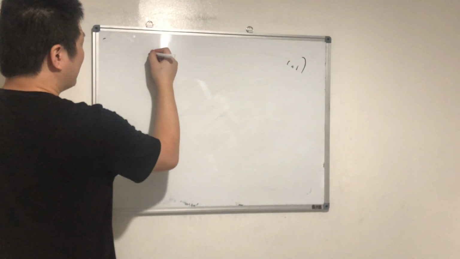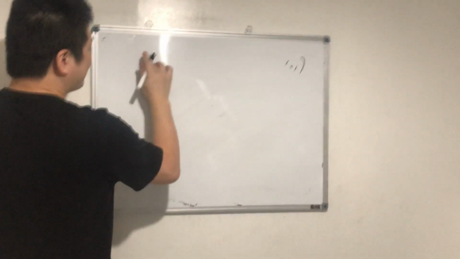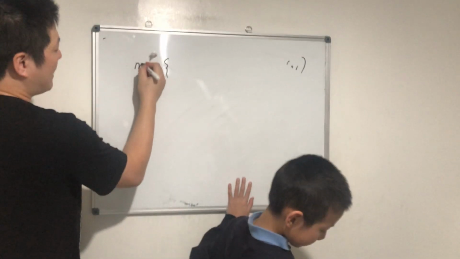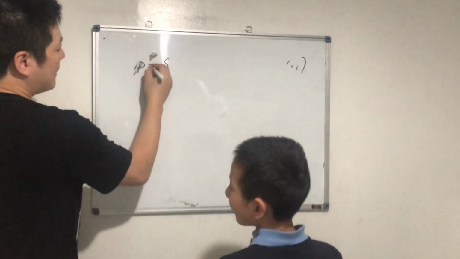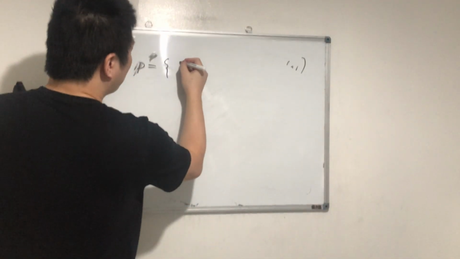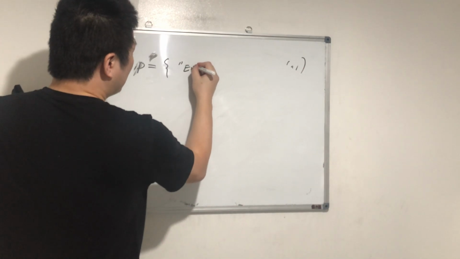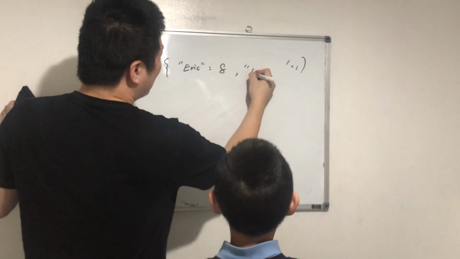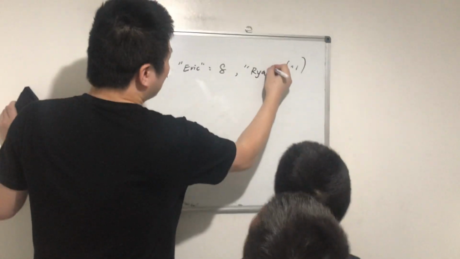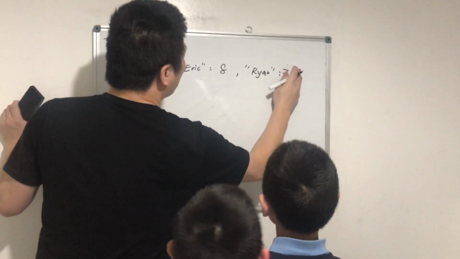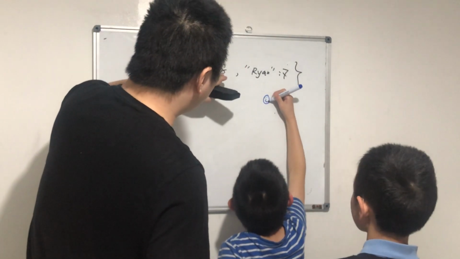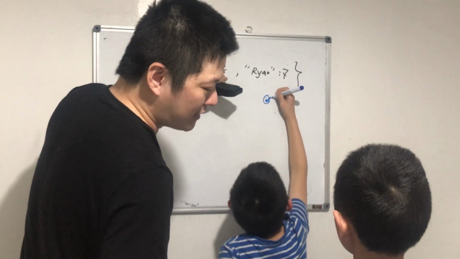For example, look, a dictionary like this, let's say p. P equals Eric equals 8, Ryan equals 7. Okay, and then how do we return the key of the item which has the maximum value?